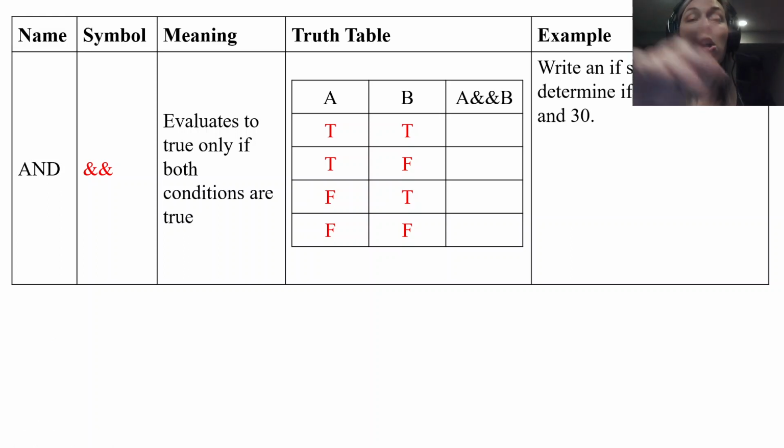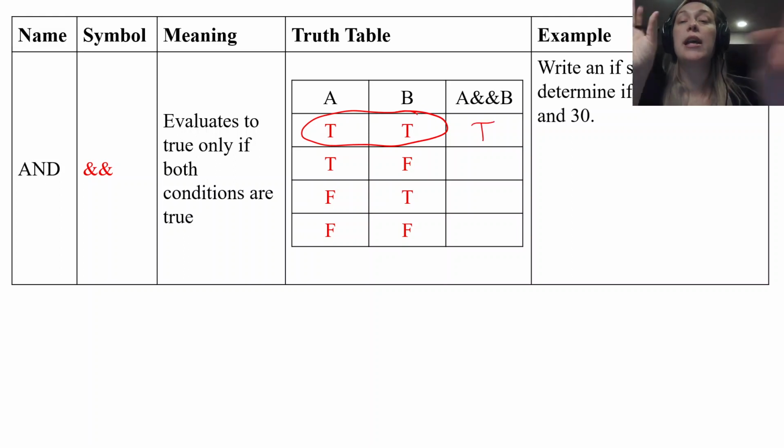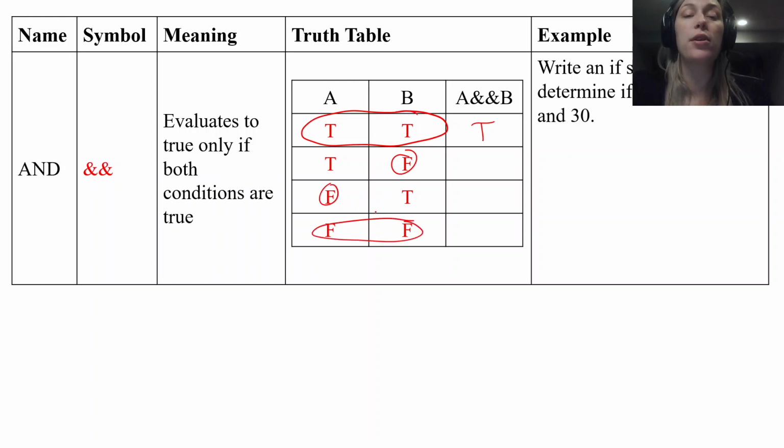That's how we set up all truth tables, with the combinations of A and B. And then in this third column here, we evaluate the Boolean operator, A and B. So the double ampersand evaluates to true only if both conditions are true. So when A and B are both true, it evaluates to true. So that expression A and B evaluates to true because both conditions are true. However, if one or both of the conditions are false, A and B will evaluate to false. Okay.